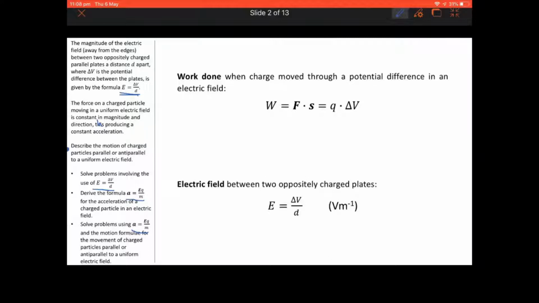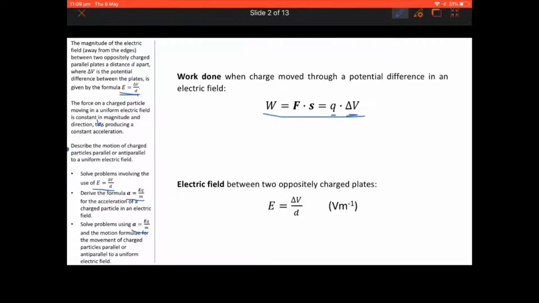So the work done when a charge is moved through a potential difference in an electric field is given by this rule here. Work is equal to force times displacement, or force times the distance from the point where the electrical potential energy is 0. It's also given by the charge of the particle multiplied by the potential difference.